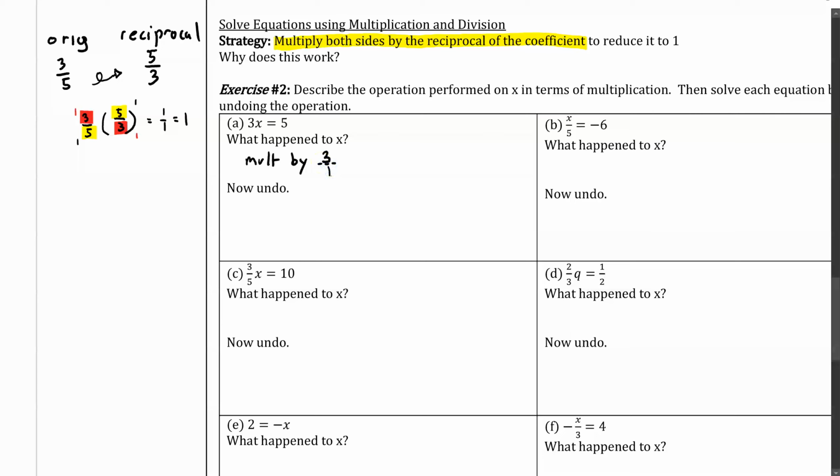So the opposite operation of multiplying by 3 over 1 is dividing by 3, but we can actually think of it as multiplying by 1 over 3, the reciprocal. Why are we doing this? Well, here's my original problem, 3x equals 5. Here's my inverse operation, multiplying by 1 over 3.